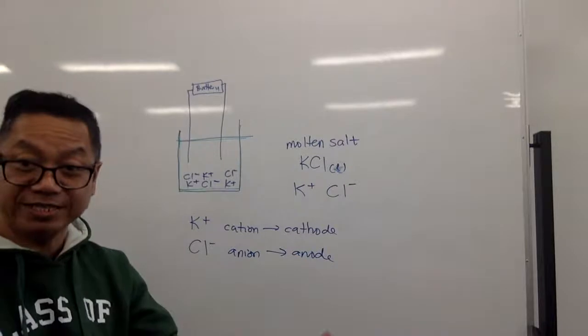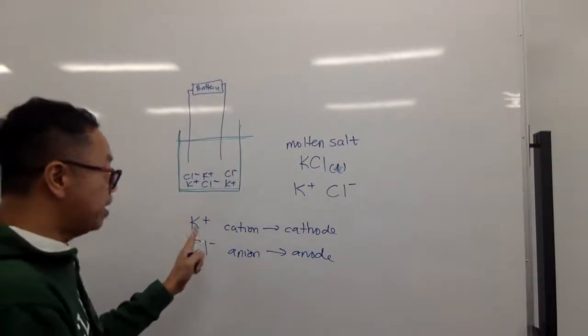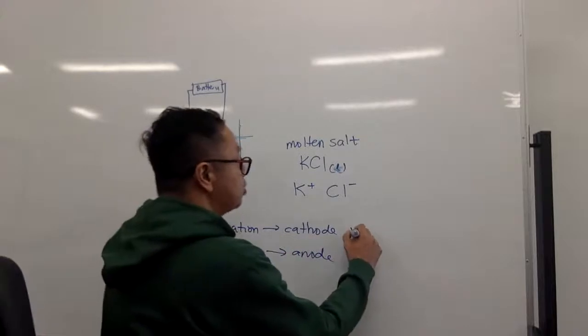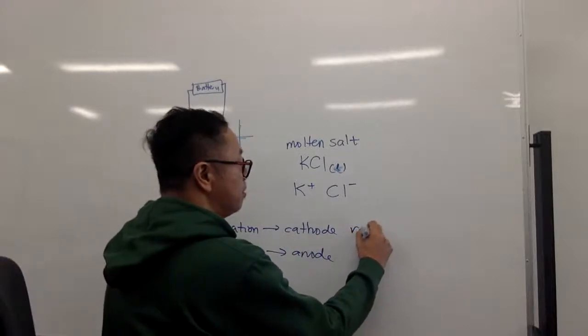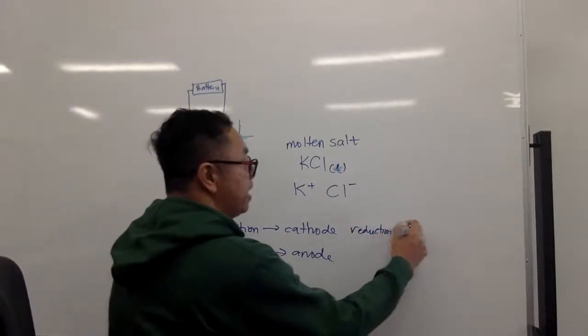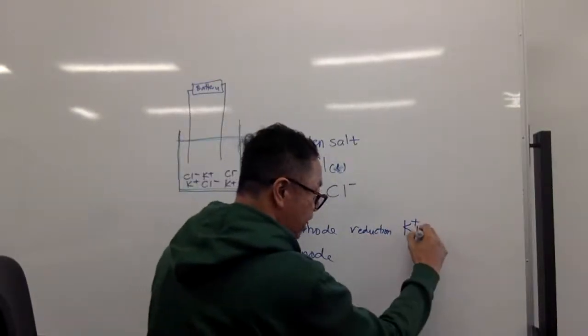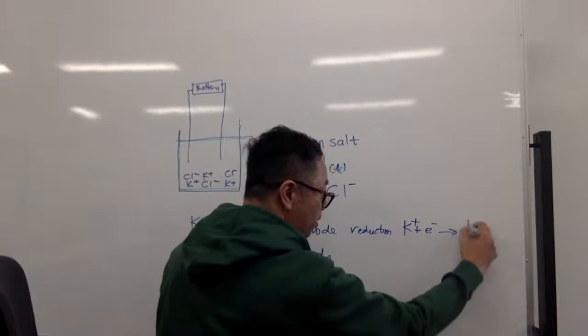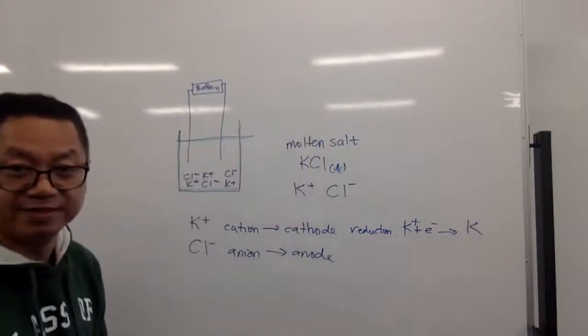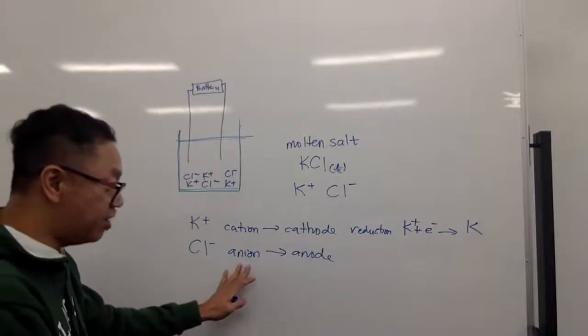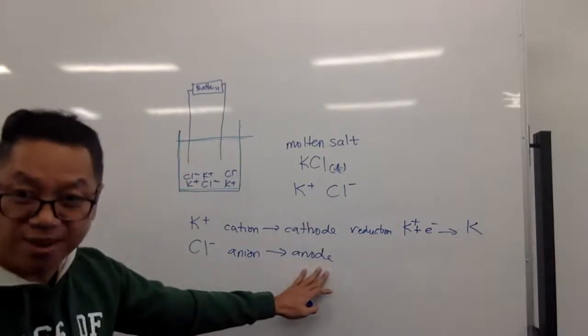This is for the electrolytic cell, okay? Why? Because at the cathode, that would be reduction. Meaning K plus will be reduced, meaning it will gain an electron to form the potassium metal. Okay? And then the anion will be attracted to the anode.